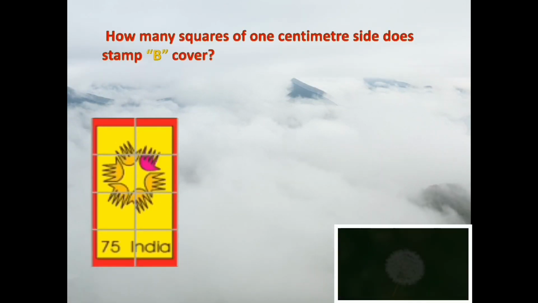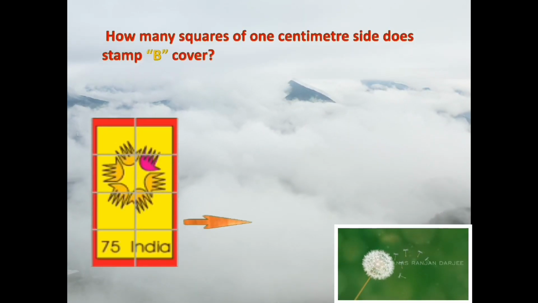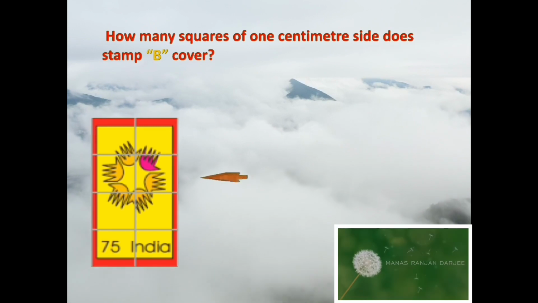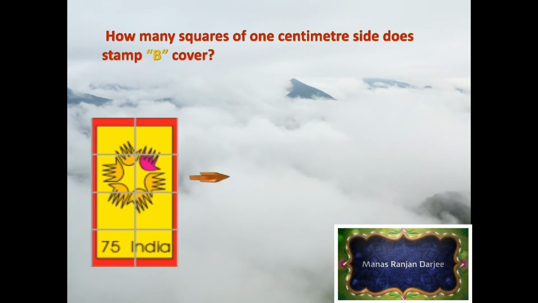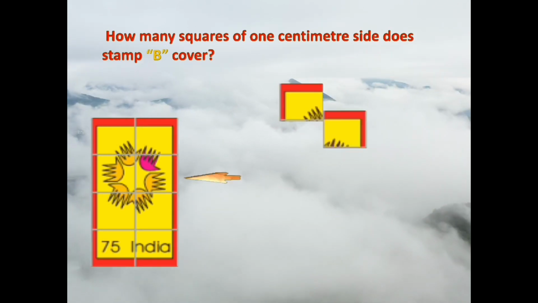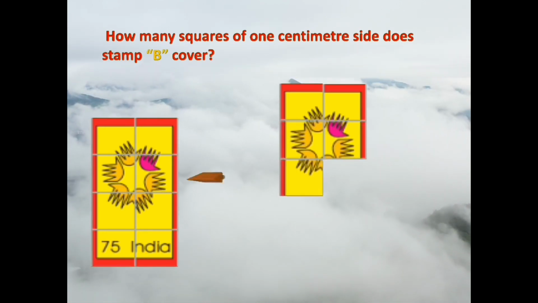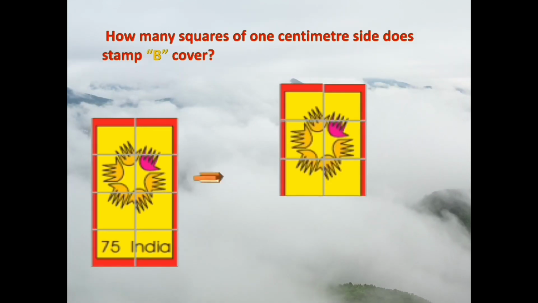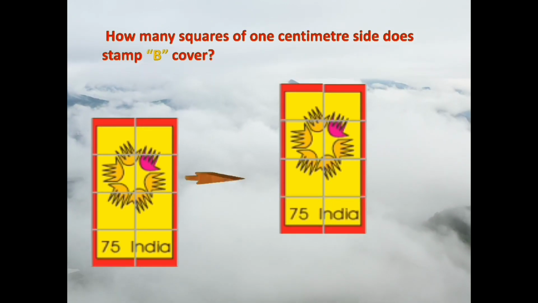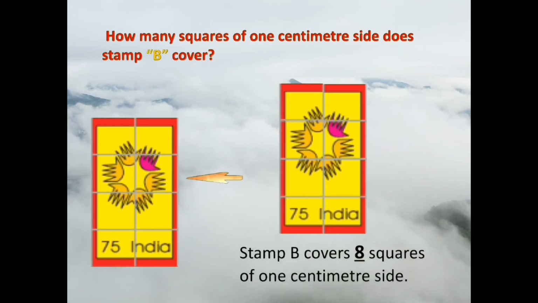How many squares of 1 centimeter side does stamp B cover? 1, 2, 3, 4, 5, 6, 7, 8. Stamp B covers 8 squares of 1 centimeter side.